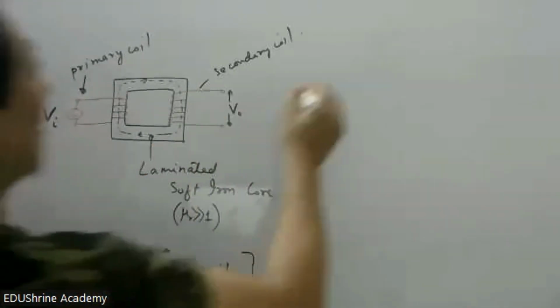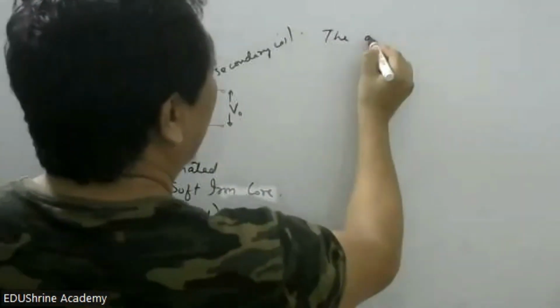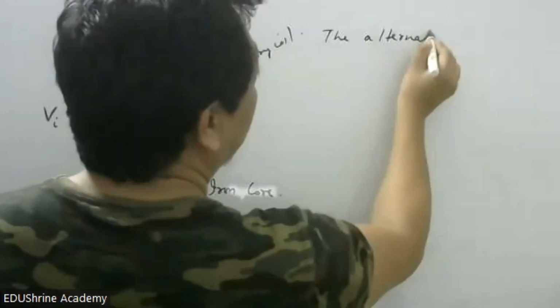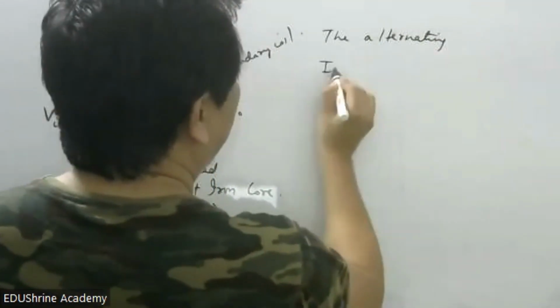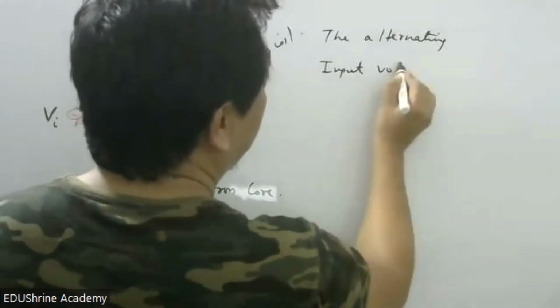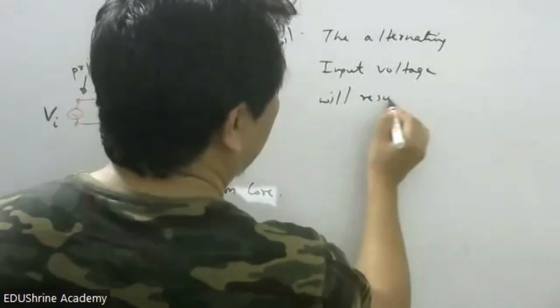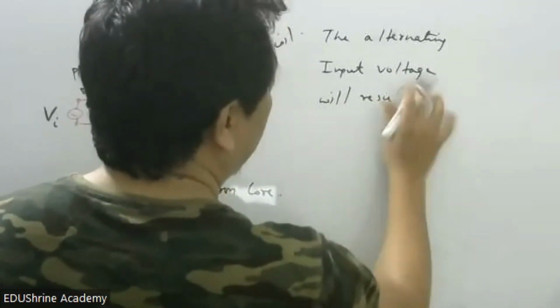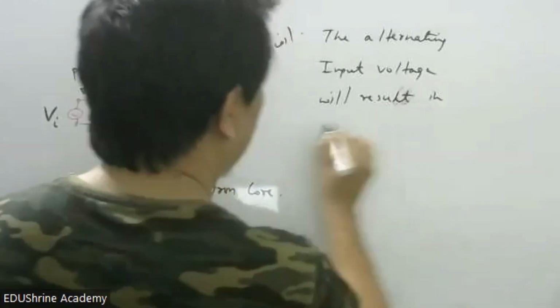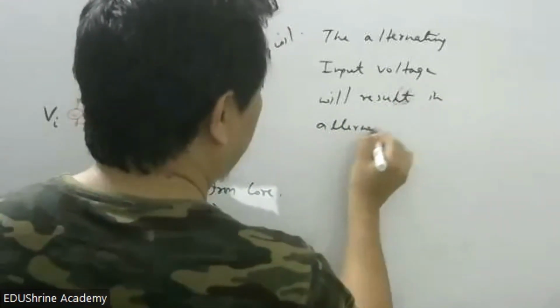Yes, I can explain. So the alternating input voltage will result in alternating current.